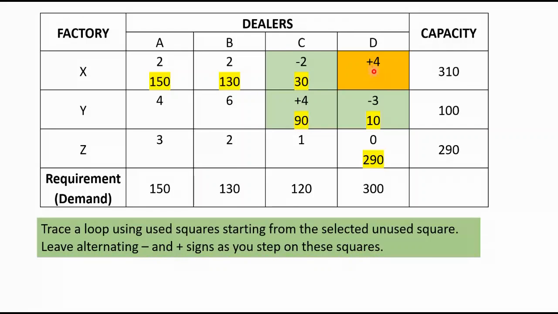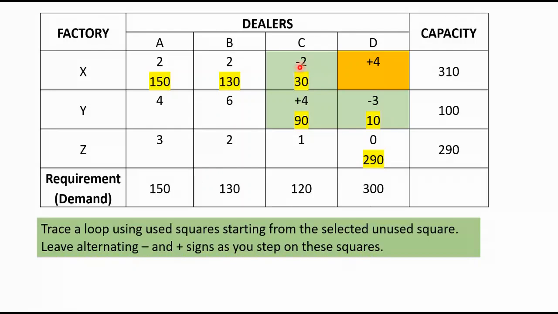We are going to step either to the left or to the bottom as long as that square is occupied. So since both the cell CX and DY are occupied cells, we can step on those cells. So we will start with DX and then go to CX. This time we are going to leave a negative sign.